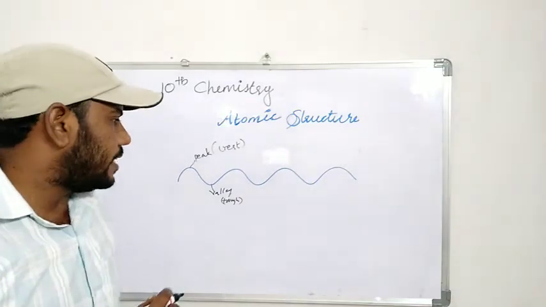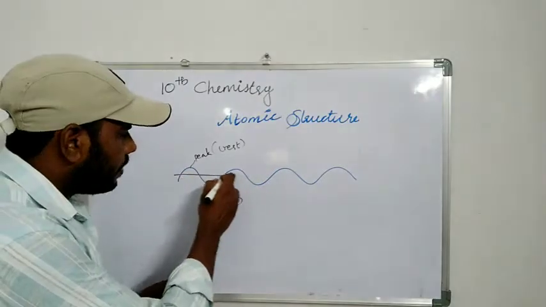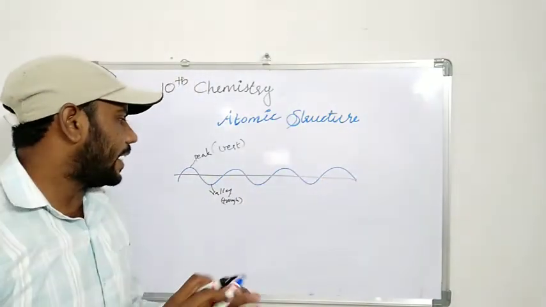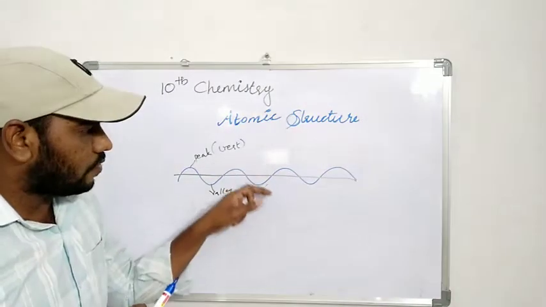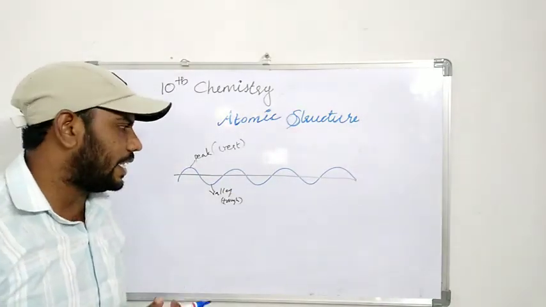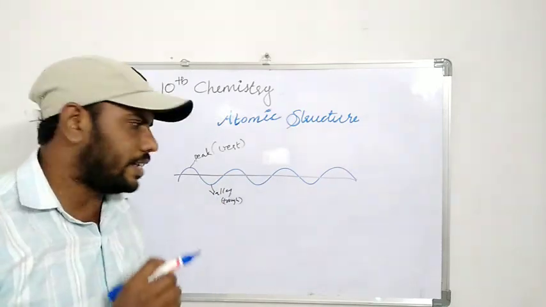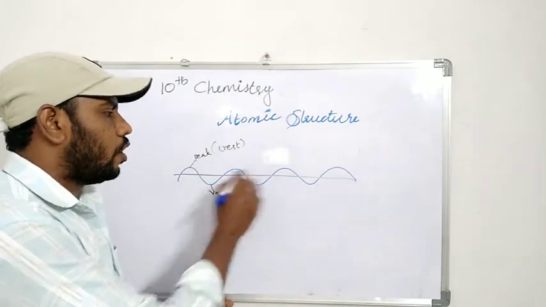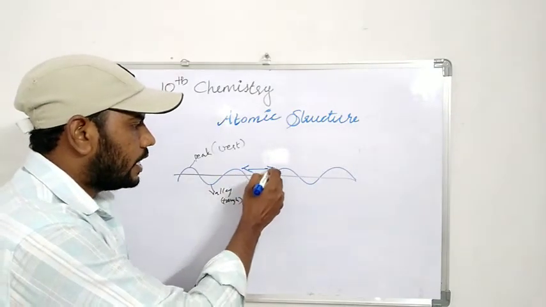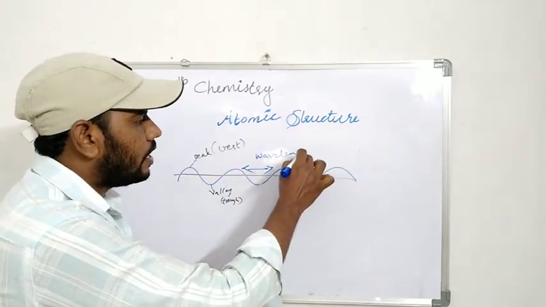Remember, listen carefully. Just imagine I am drawing one normal line here. So now we get one crest, one trough, one crest, one trough, and this we also completed in the 9th class. The distance between two consecutive crests, this we call the wavelength.